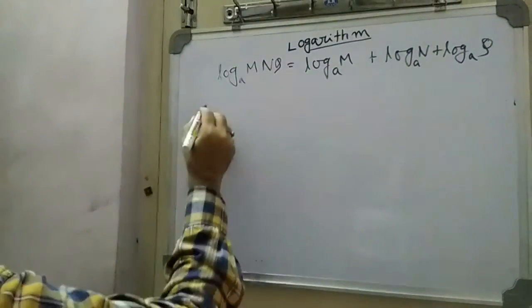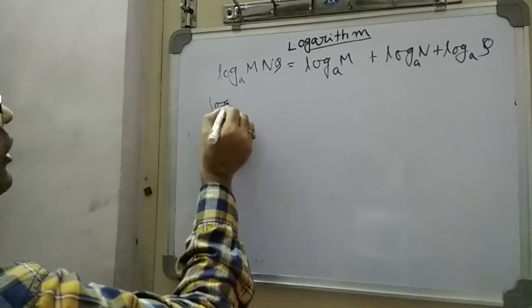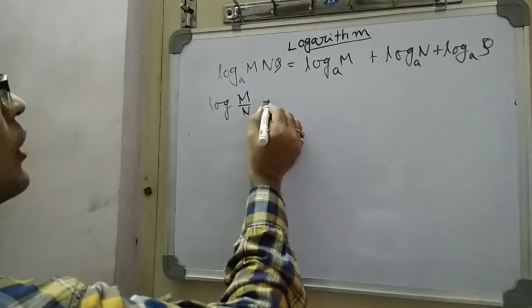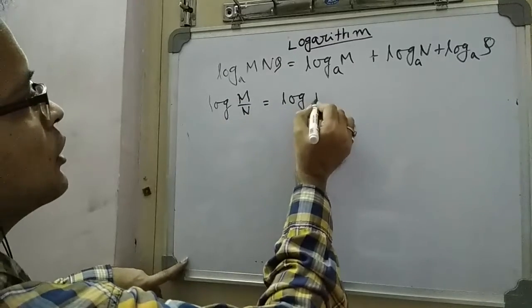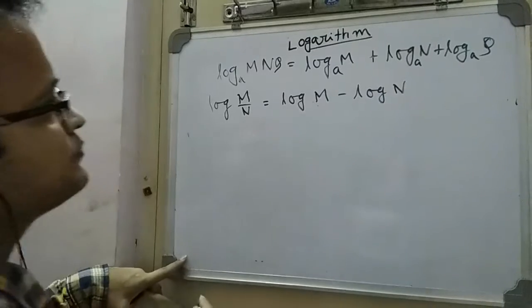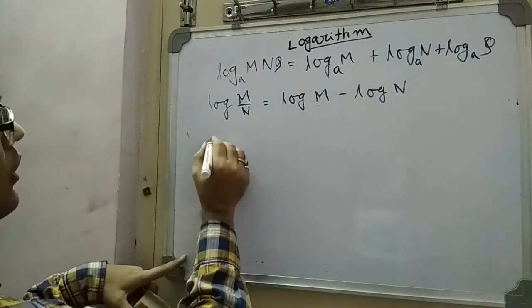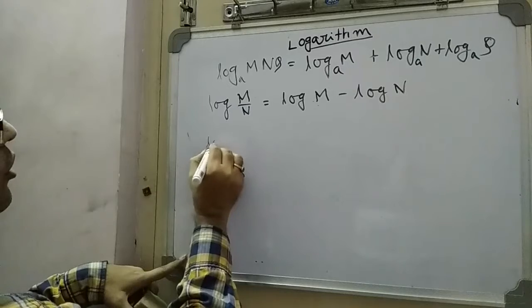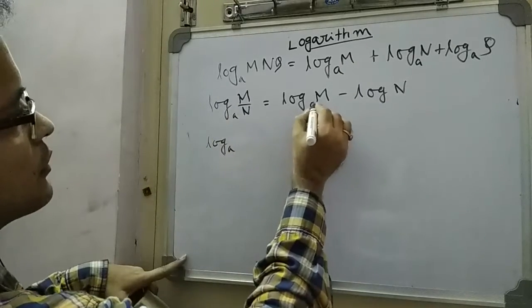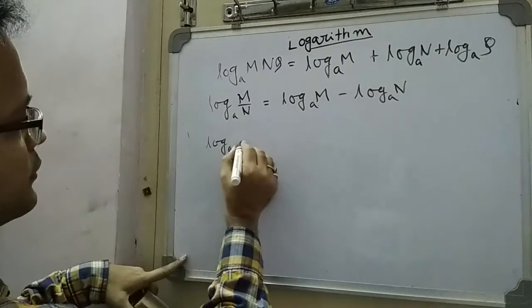Similarly, you can have log m by n equal to log m minus log n. Then log of m to the power n, base a, so anything here. I just did not write the base, but you can.